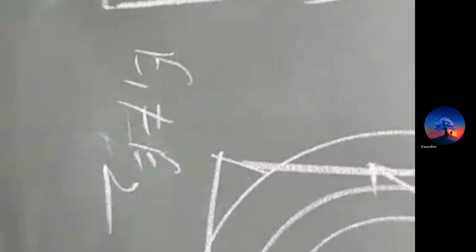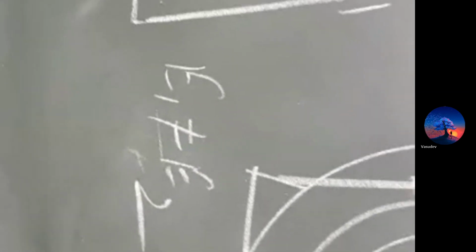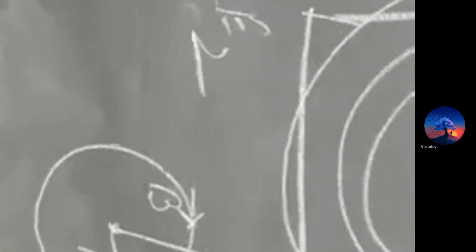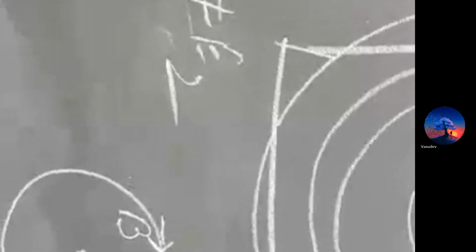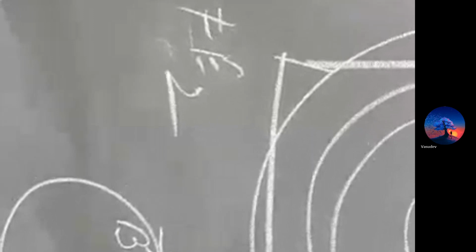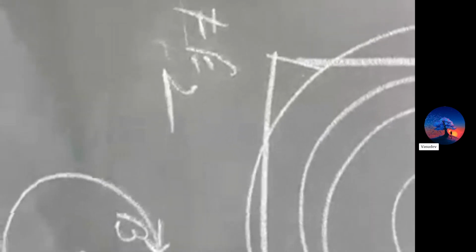I want to find the field at this position, at a distance small r from the center, where small r is greater than capital R. Can I make good the same assumption of the symmetric case here? Yes, we can. What are we then to write?